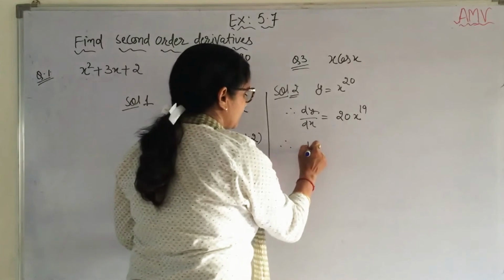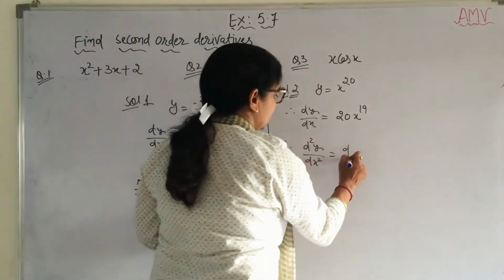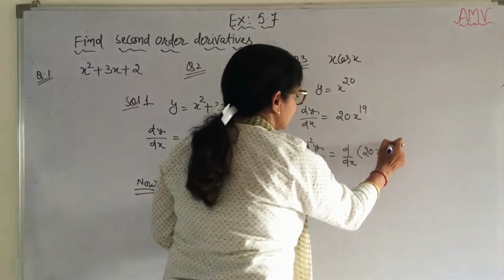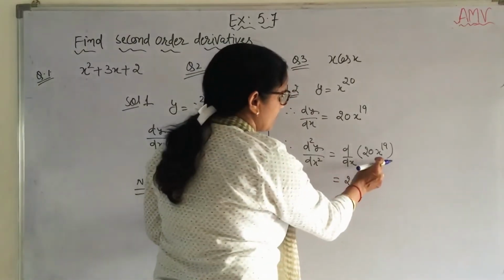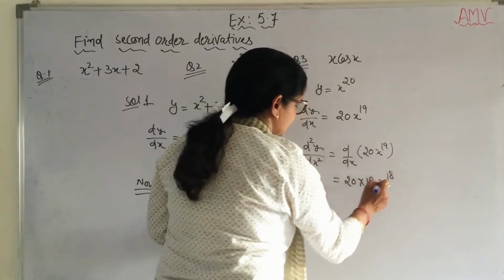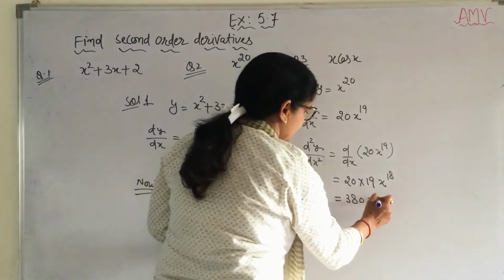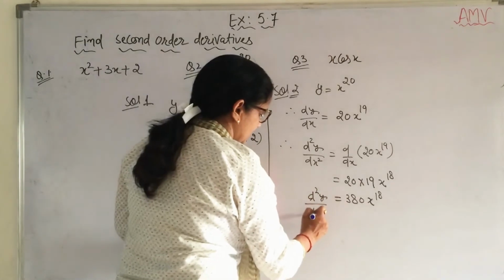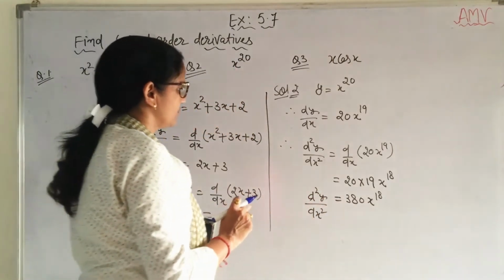And now again d square y upon dx square means d by dx of 20x raised to 19. 20 is a constant, and the derivative of x raised to 19 is 19 x raised to 18. So it is 380 x power 18. This is d square y by dx square, and it is known as the second order derivative.